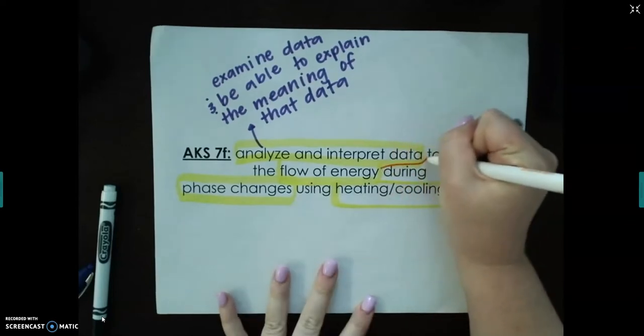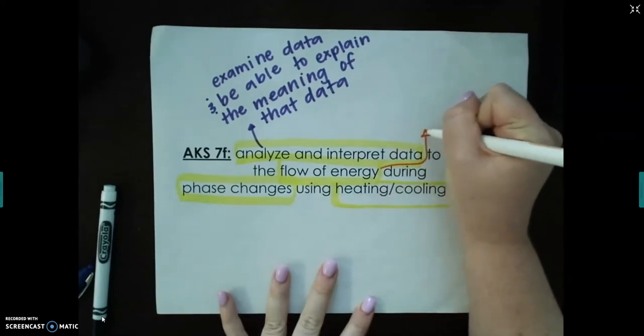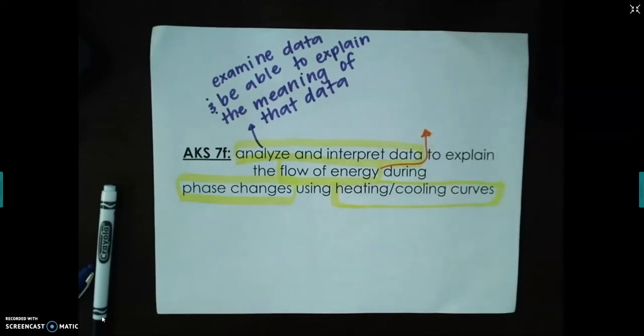So I'm going to draw a little arrow up here for flow of energy. I'm using orange. And I'm going to write that the flow of energy really means the movement of the particles is going to change due to how much heat is applied or released.